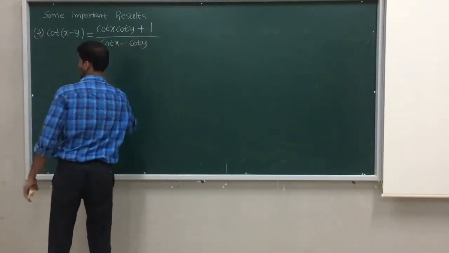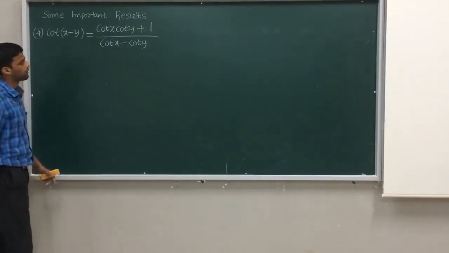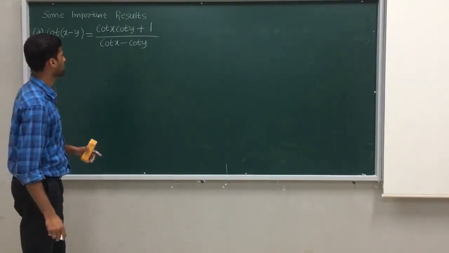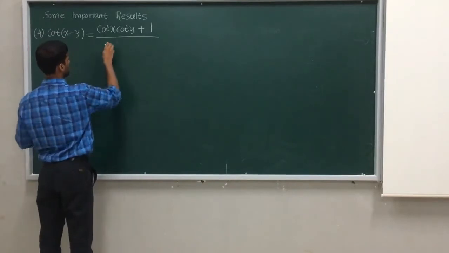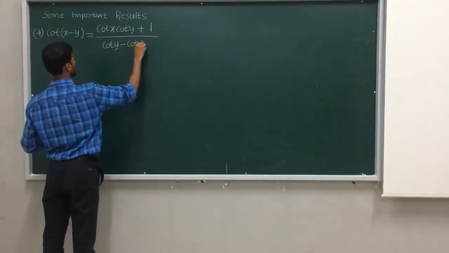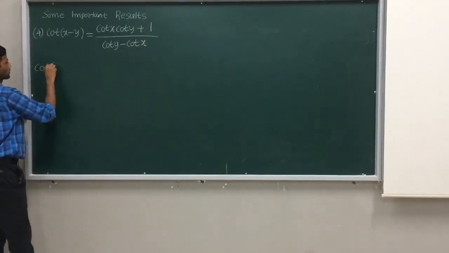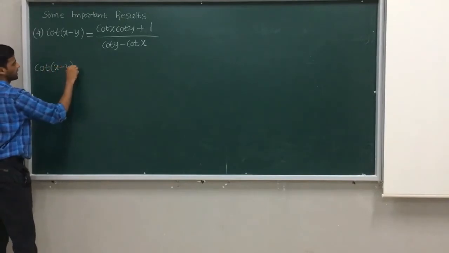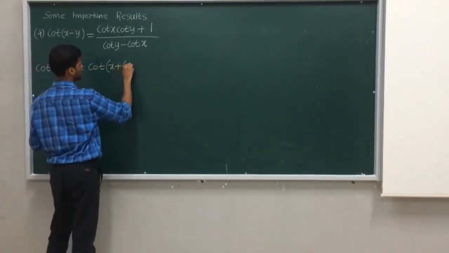I think you can easily prove it, or we just have to check, it is nothing but cot y minus cot x. See, we all know cot of x minus y can be written as cot of x plus minus y.